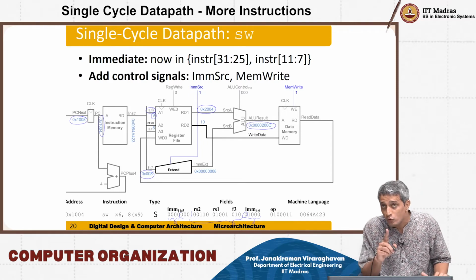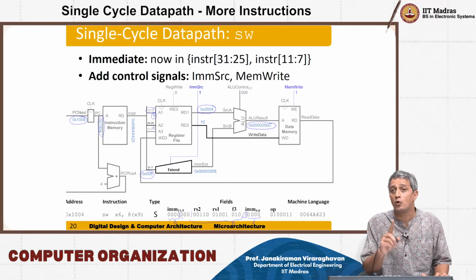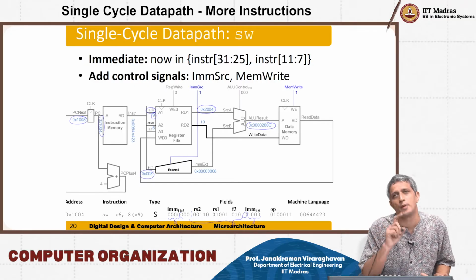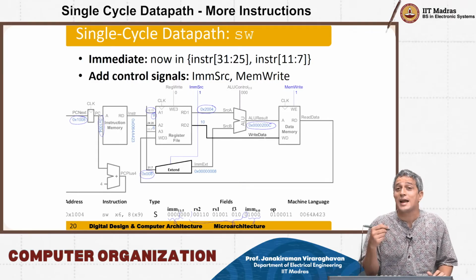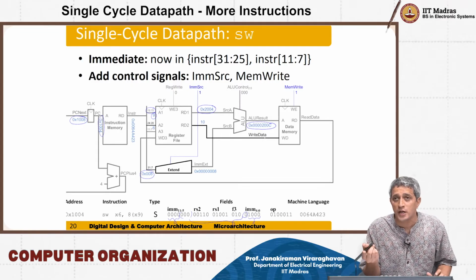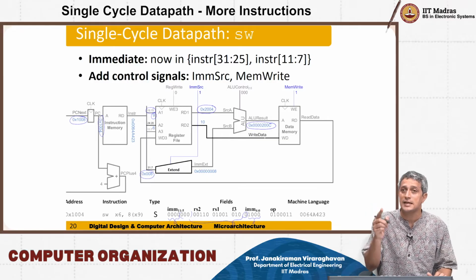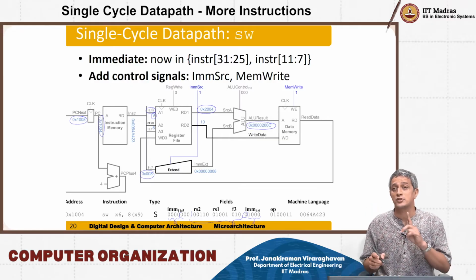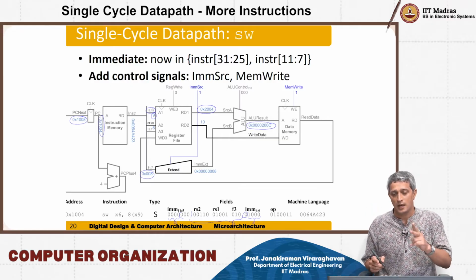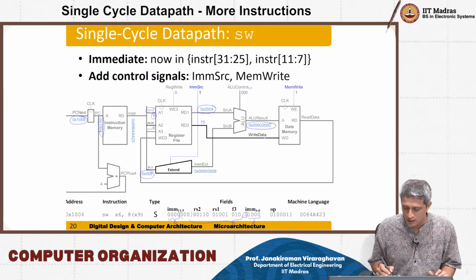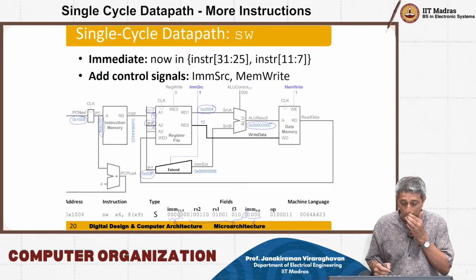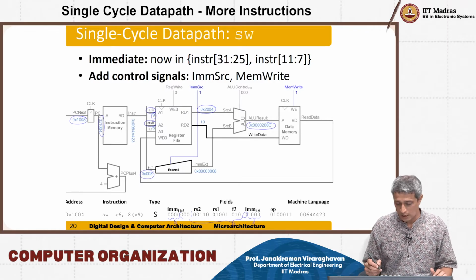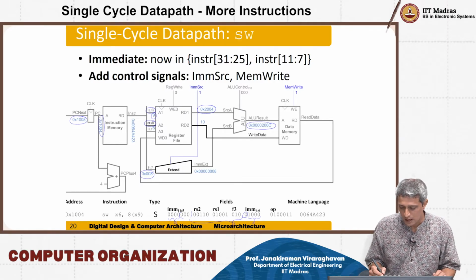Now what are you going to do with this address? You are going to write data into the data memory. So what is the write data? What is the data that needs to be written in? It needs to be the data that is obtained from the RS2 register. Therefore, bits 24 to 20, which correspond to the RS2 register, are going to come here.